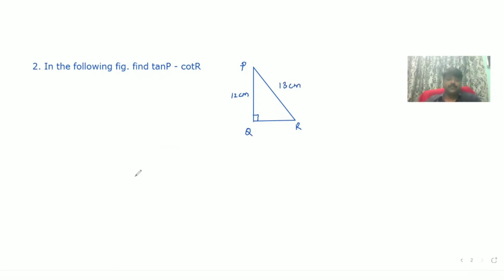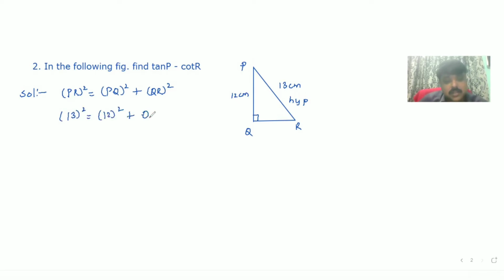We are not given the value of QR. Again, according to the Pythagorean theorem, this is our hypotenuse, PR. We can write PR square equals PQ square plus QR square.